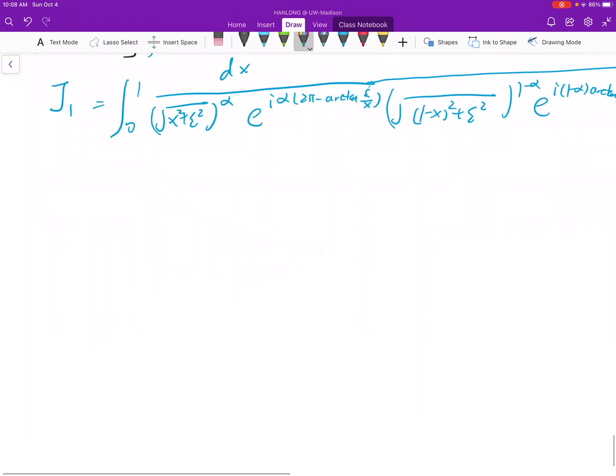So let's explain the angle a little bit here. 0 to 1. Now the line is underneath. We fix point z. So for the first part, the angle is given by this. So this is your theta. What is theta? Theta will be 2 pi minus arctangent epsilon over x. So this is arctangent epsilon over x.